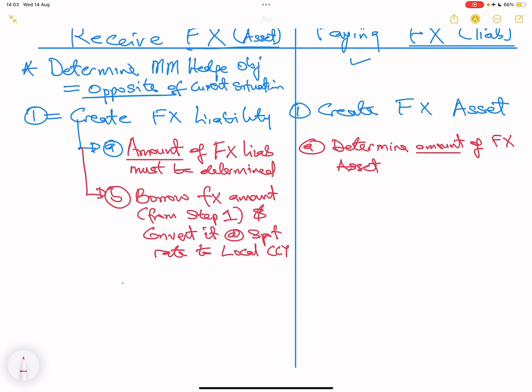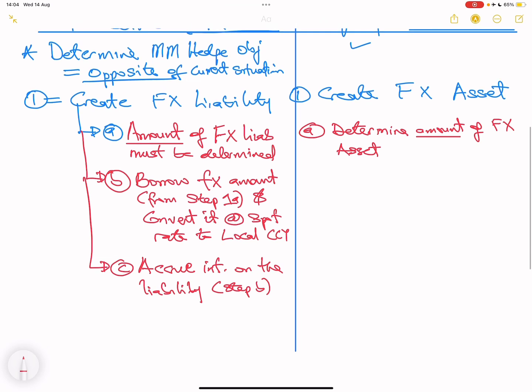And then lastly, we can accrue interest on our liability, this liability in step B. Okay, so this is step 1A here, right? And that is it.